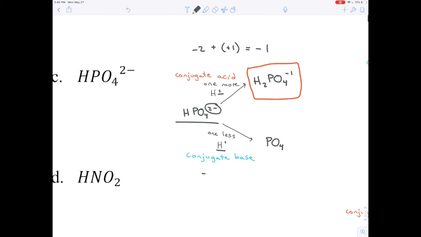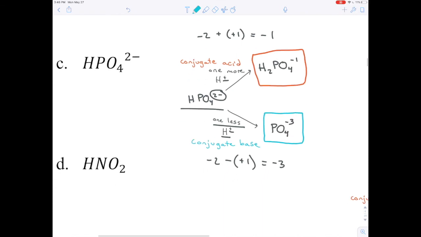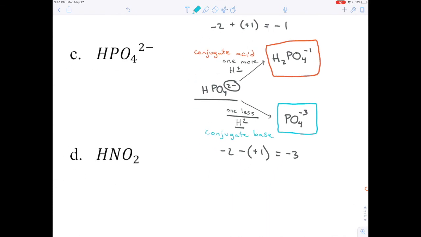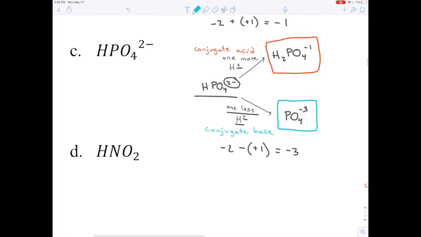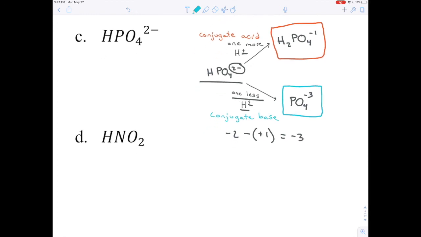HPO4 2- starts with a -2 charge. If we subtract a +1 charge, then you'll be left with -3. And so that's the charge that'll be written at the top right of this molecule. So the conjugate base of HPO4 2- is PO4 3-, phosphate, the compound that's in ATP, adenosine triphosphate, and that also links the different bases together in DNA.